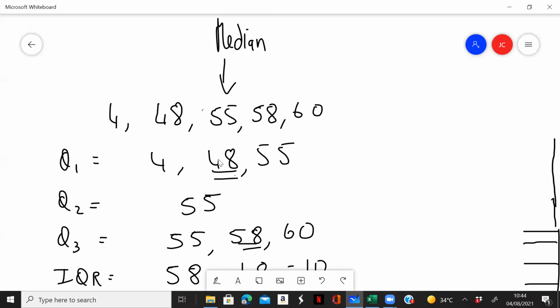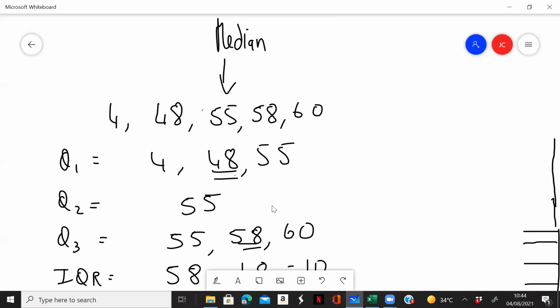That's why I'm saying the first 25% of my grades. So I will repeat: I took the lower half of my data, 4, 48, 55, and I found the median. That median is called Q1 or quartile 1. The interpretation is that 25% of my numbers sit at 48 or below.